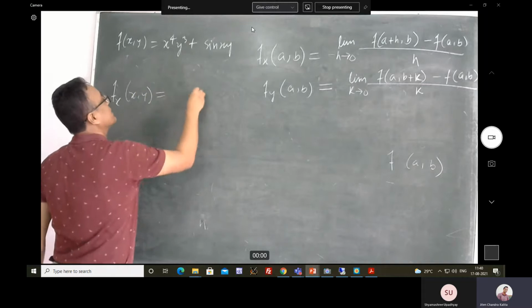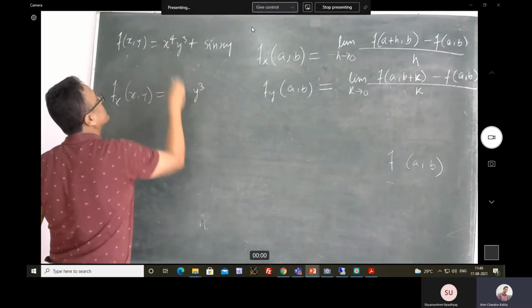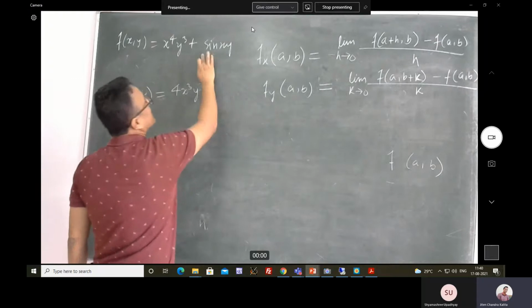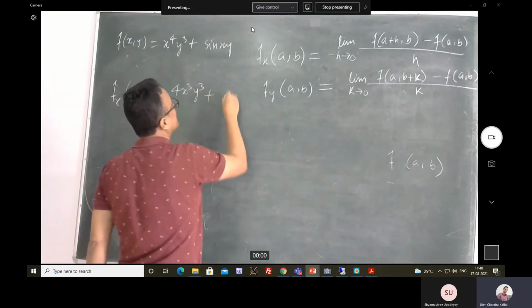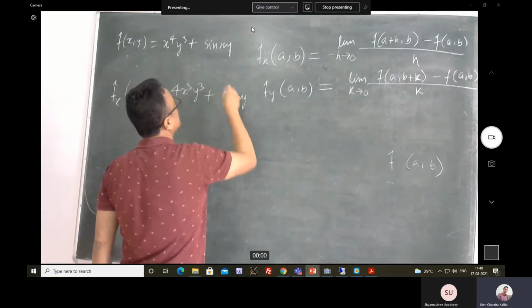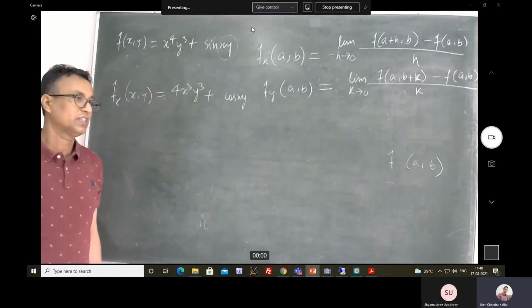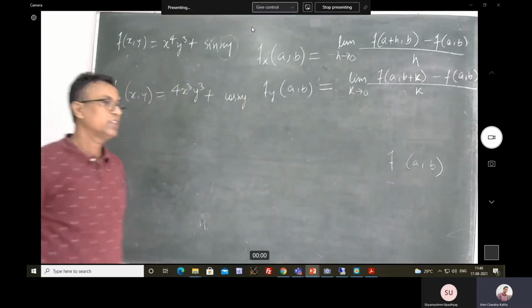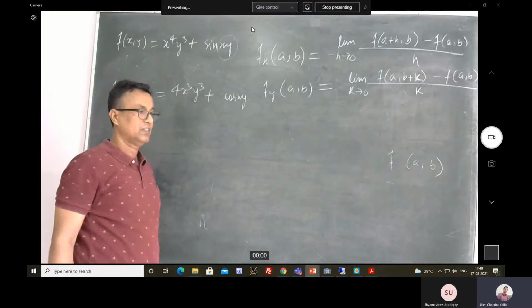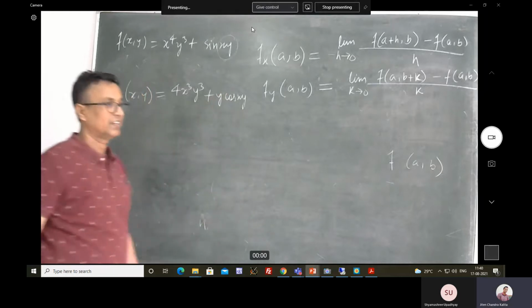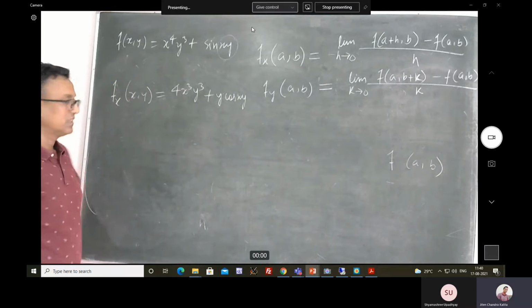y cubed is constant, it will remain as it is. So this is simply 4x cubed. The derivative of sine is cos(xy). Now again here y is considered as a constant, right? So the derivative of xy is going to give me y, isn't it?